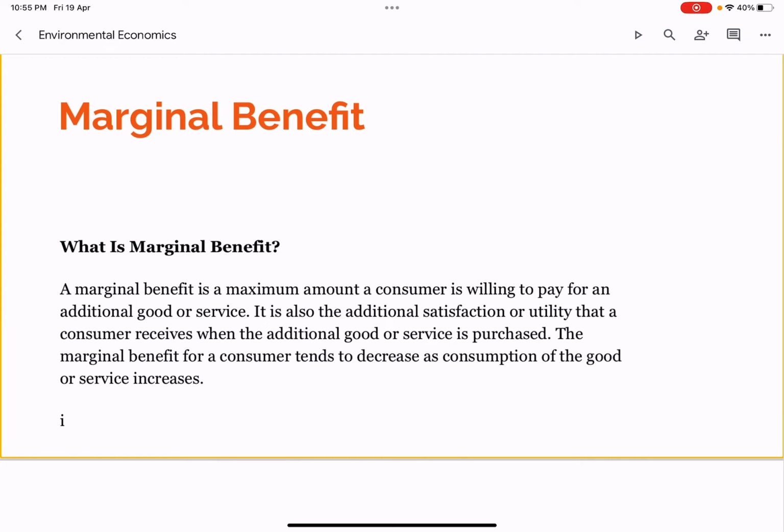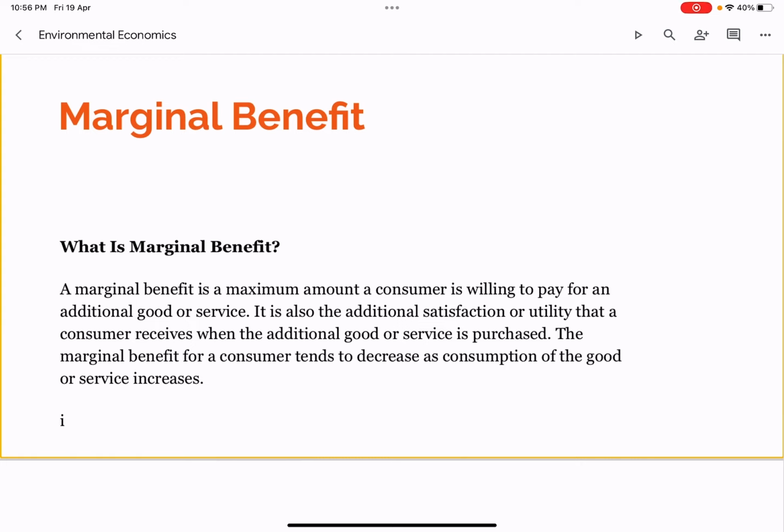A marginal benefit is the maximum amount a consumer is willing to pay for an additional good or an additional service. So it all depends on the consumer's choice. If the consumer wants the 101st good, then the amount he is willing to pay for that 101st good, and why would he purchase it?